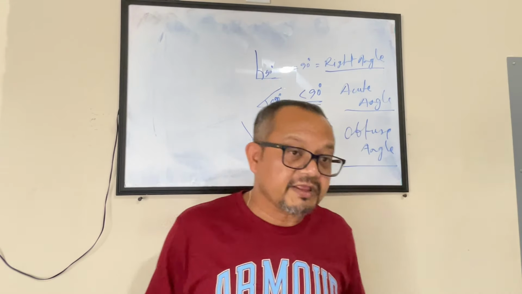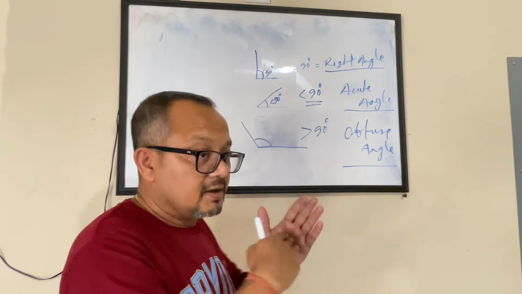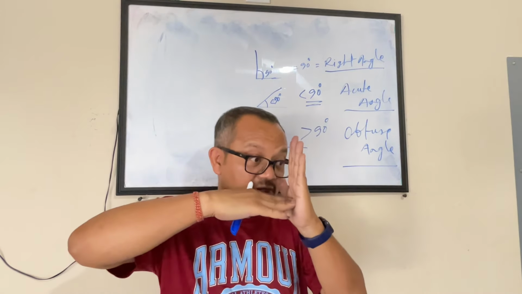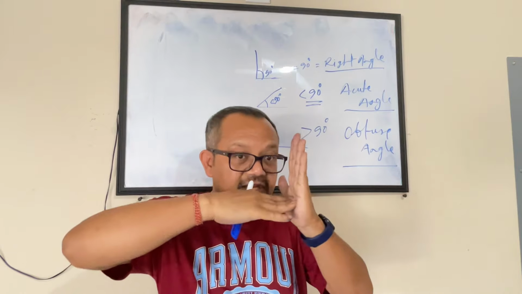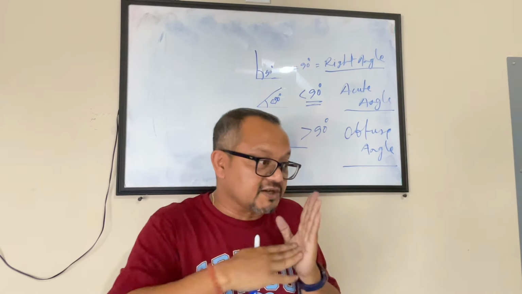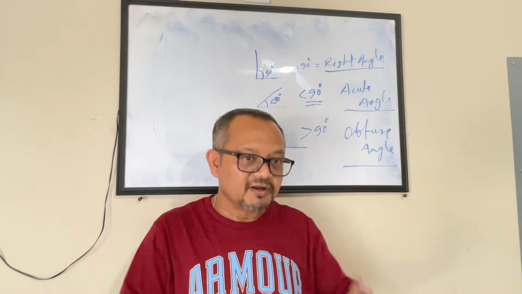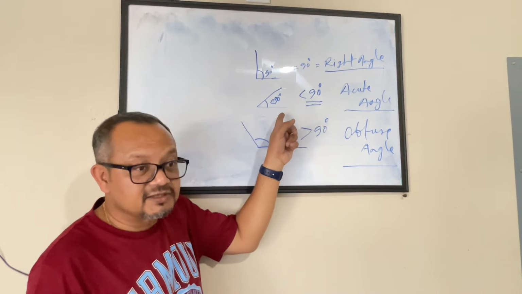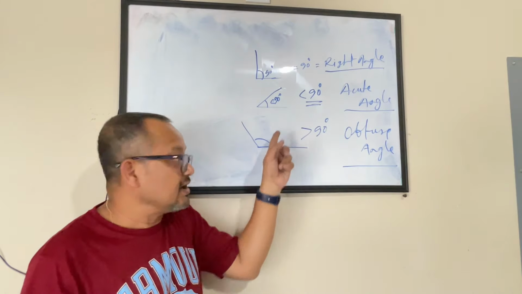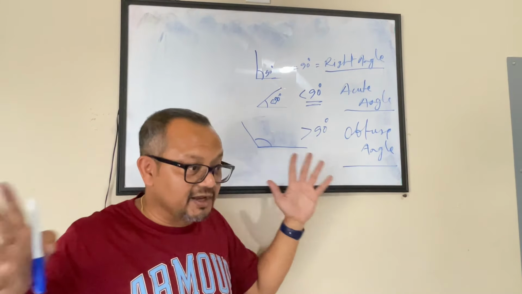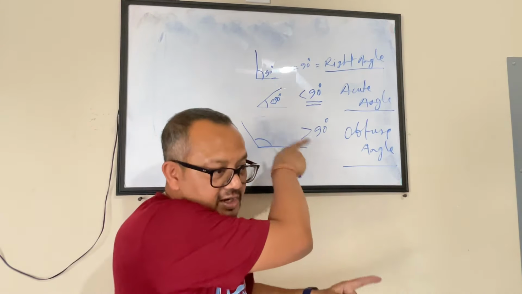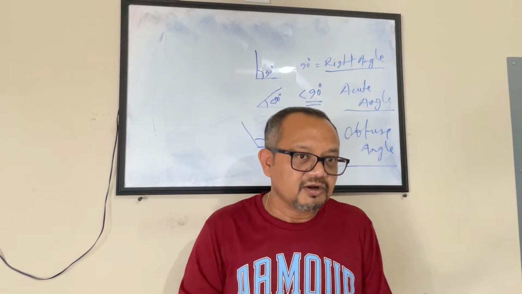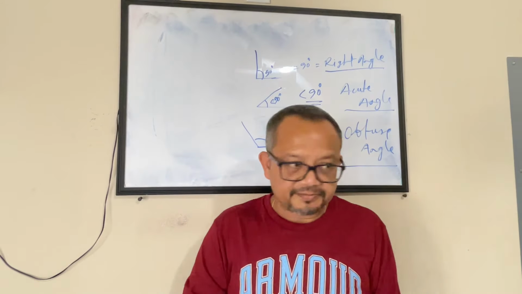So when they are meeting each other in a perpendicular way, meaning they are vertically aligned like this, like a wall against my floor, that is a right angle. The angle is right. Smaller than this is an acute angle, and when it's looking bulkier, big, huge, it is an obtuse angle, meaning greater than 90 degrees. Okay? This part is clear, right? So far, no doubt.